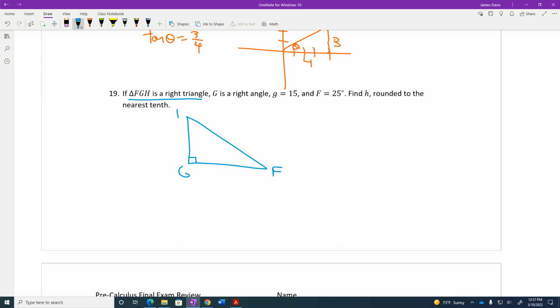So I'm going to call this FGH. And put everything on there. Little g is opposite of big G. So little g is over here. Big F is 25. And little h opposite over here. And we're asked to find little h.